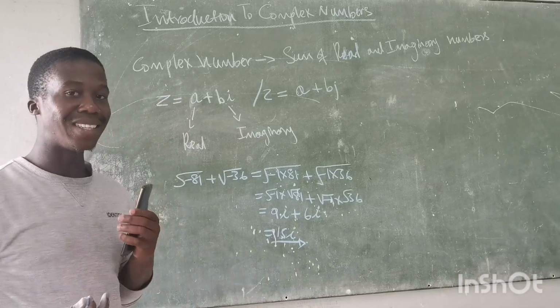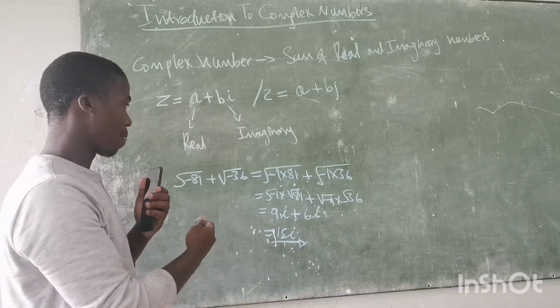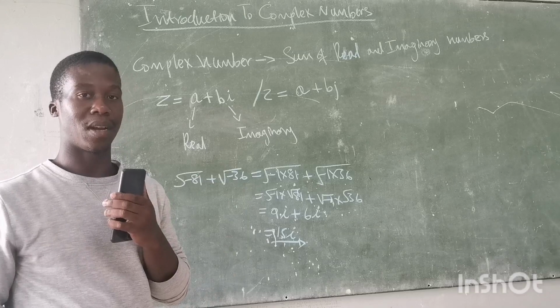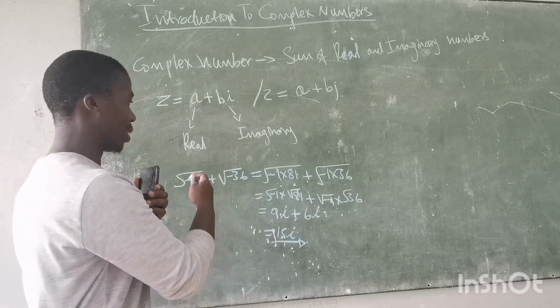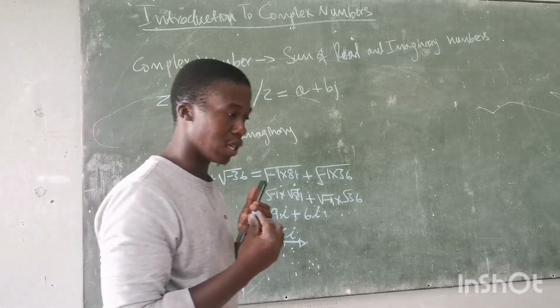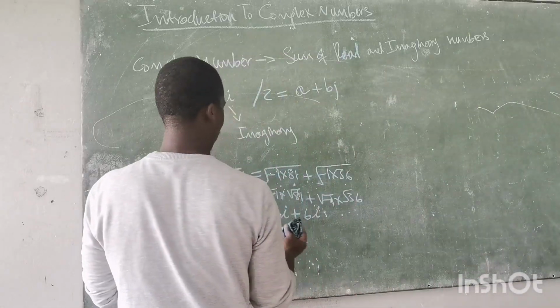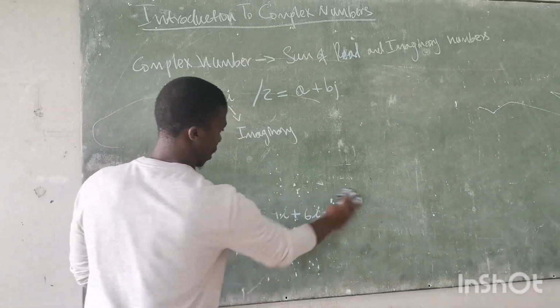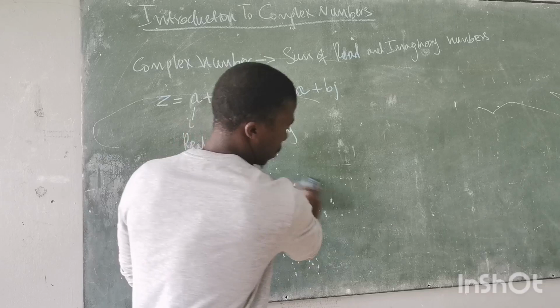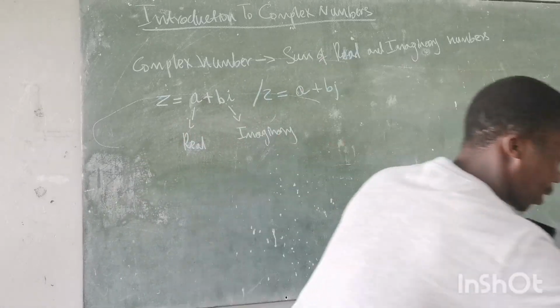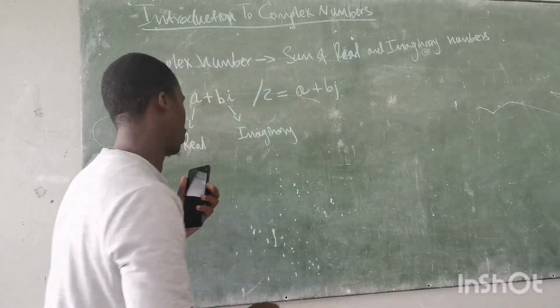So this was addition of imaginary numbers. The same thing applies to subtraction, right? The only thing that changes is the sign from addition, which was positive. Now we're looking at subtraction, which is negative.